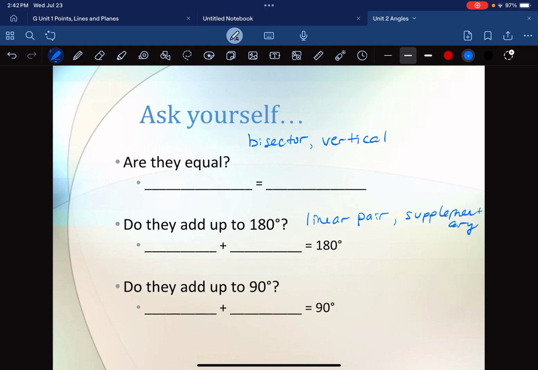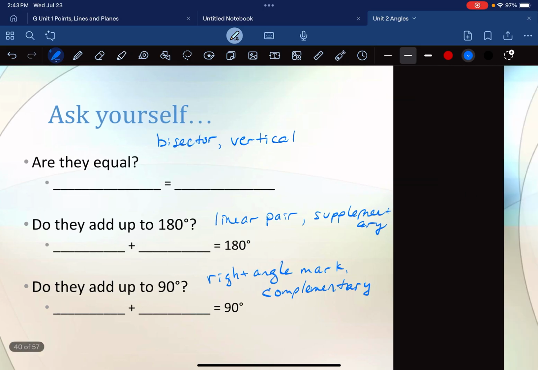Okay. And do they add up to 90? Well, you might see a right angle mark, or they might say the word complementary. So those are the key words and things that you're looking for, in this problem and in the drawings, okay? One of these three models.